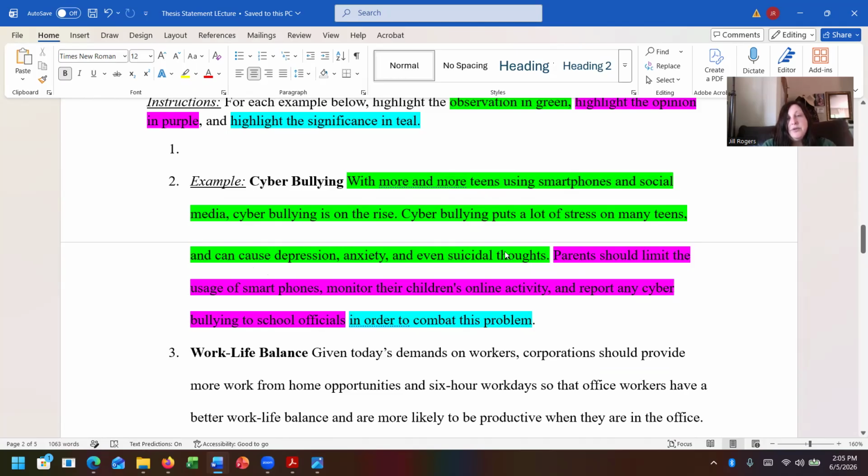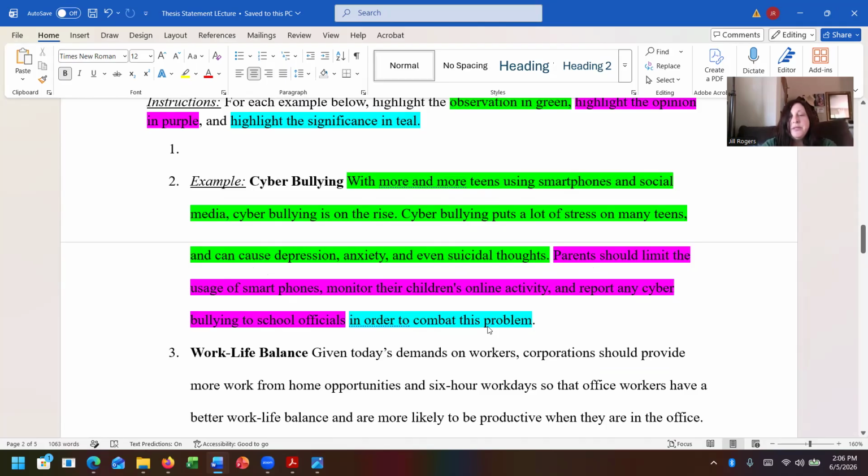Okay, so that's all the observation. The opinion is parents should limit the use of smartphones, monitor their children's online activity, and report any cyberbullying to school officials. And then this is a very nice significance. It doesn't say this is important because it just says in order to combat this problem.